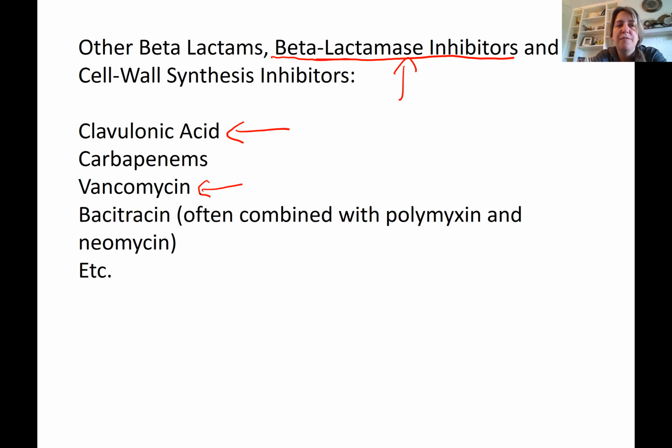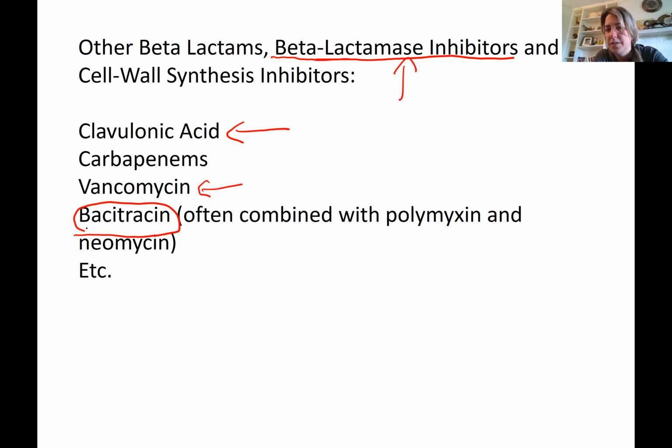Vancomycin is a very important type of antibiotic, but it's generally only used in a hospital setting because it can be toxic, okay? And then another one that is important, and I need you guys to know this by heart, is bacitracin. Bacitracin is a beta-lactam antibiotic, but it's very, very toxic also.